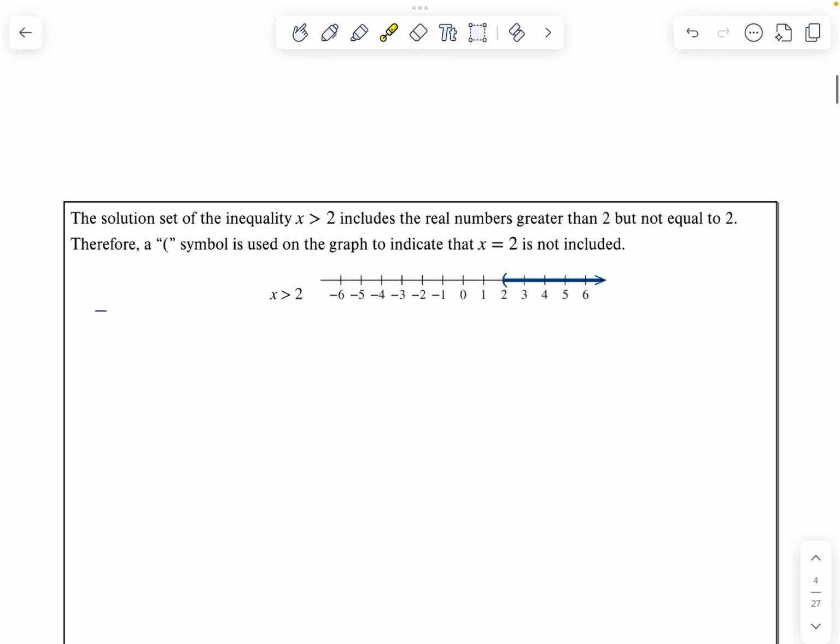Here's an example. If we have, for example, x is greater than 2, we would start by saying that that is going to be a parentheses, right? Because it's greater than if we look at the chart. And since x is greater than 2, we're looking for things bigger than 2, and so we would shade to the right. So starting with a parentheses and shading to the right. X is strictly greater than 2.